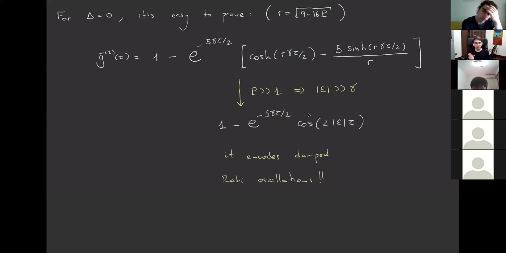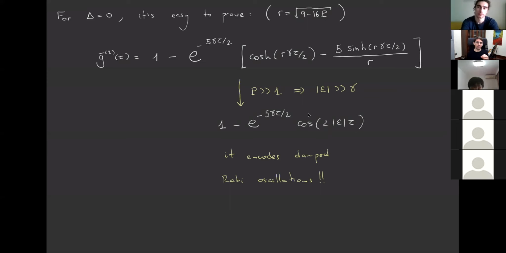And why is this interesting? For several reasons, let me just argue in these couple of minutes. First of all, we already said that if there are no losses and you drive the atom, then you would observe Rabi oscillations. But now imagine that you are in the laboratory, you want to observe the Rabi oscillations, and you are in a normal laboratory where your atom is actually in free space, or it has some kind of environment, and it does spontaneous emission.